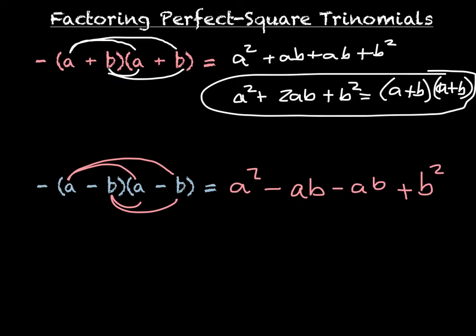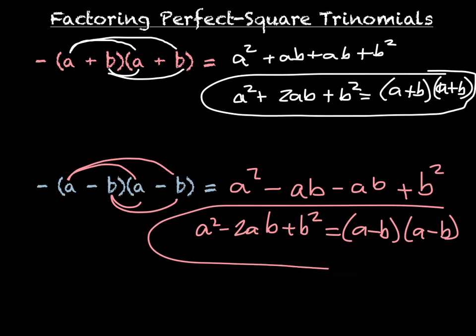So if I were to simplify this, I would have a squared minus 2ab plus b squared equals a minus b, a minus b. And that would be how you would factor that perfect square trinomial.